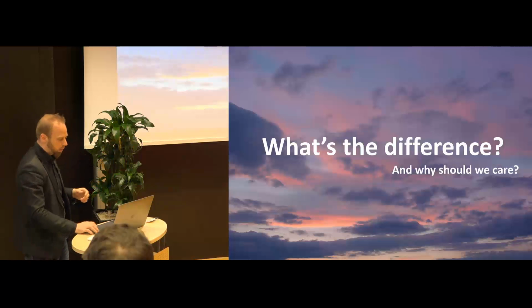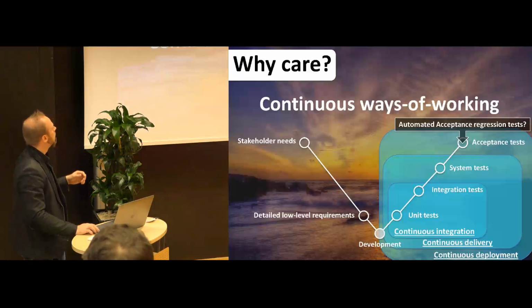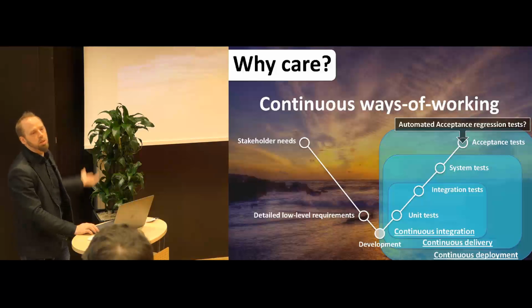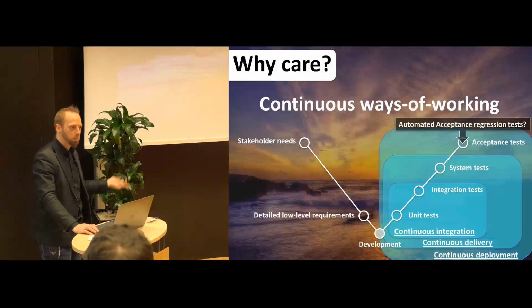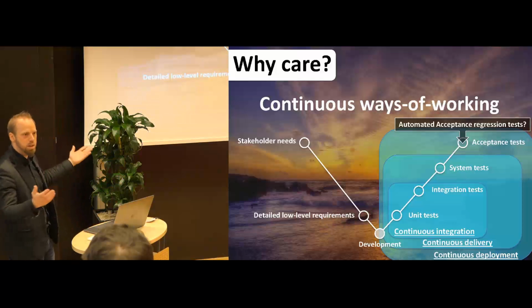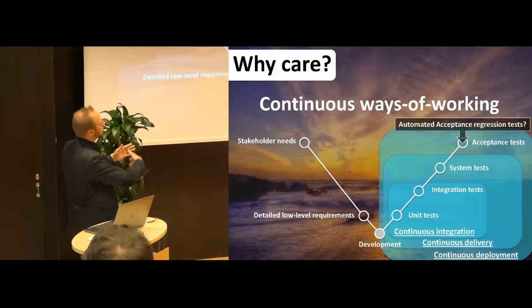So what's the difference then, and why should we care about these different layers? Well, one reason is because if we start talking about continuous ways of working, continuous integration, deployment, etc., the purpose there, if we just go from the V model, is to automate everything on the right side here, right?